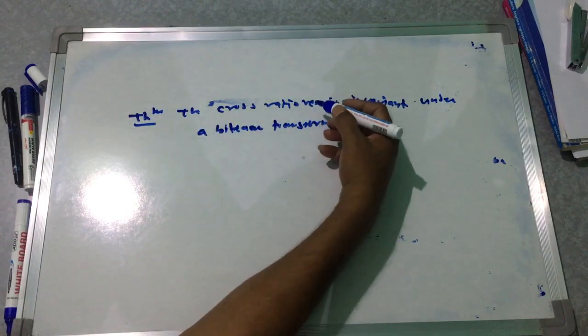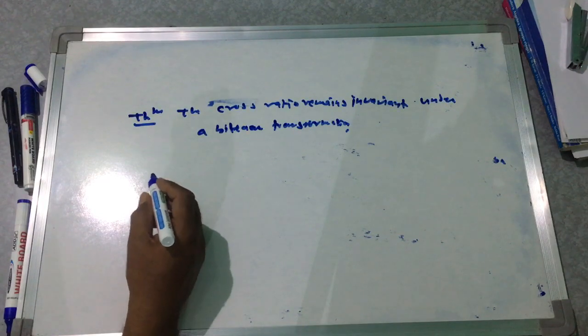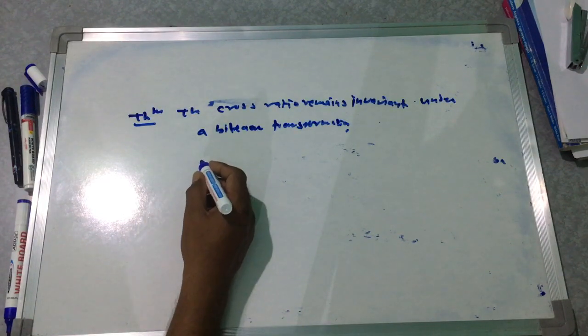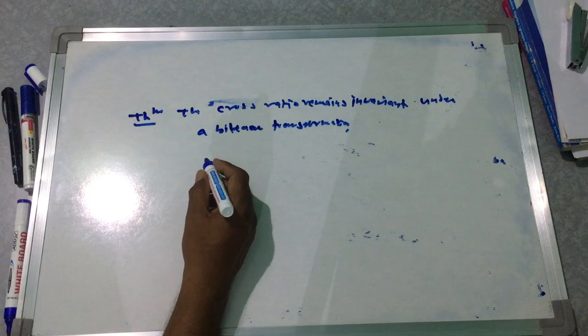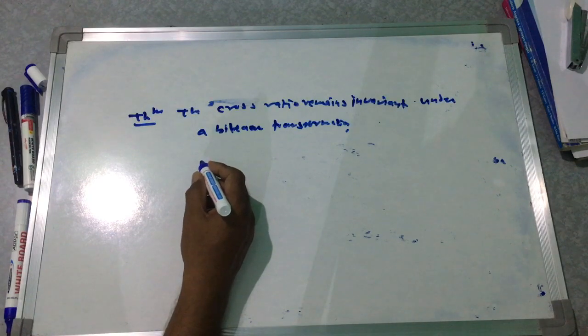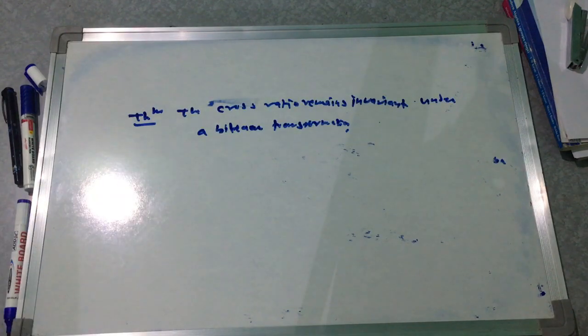Yes, the cross ratio remains invariant under a bilinear transformation. So this is the cross ratio.